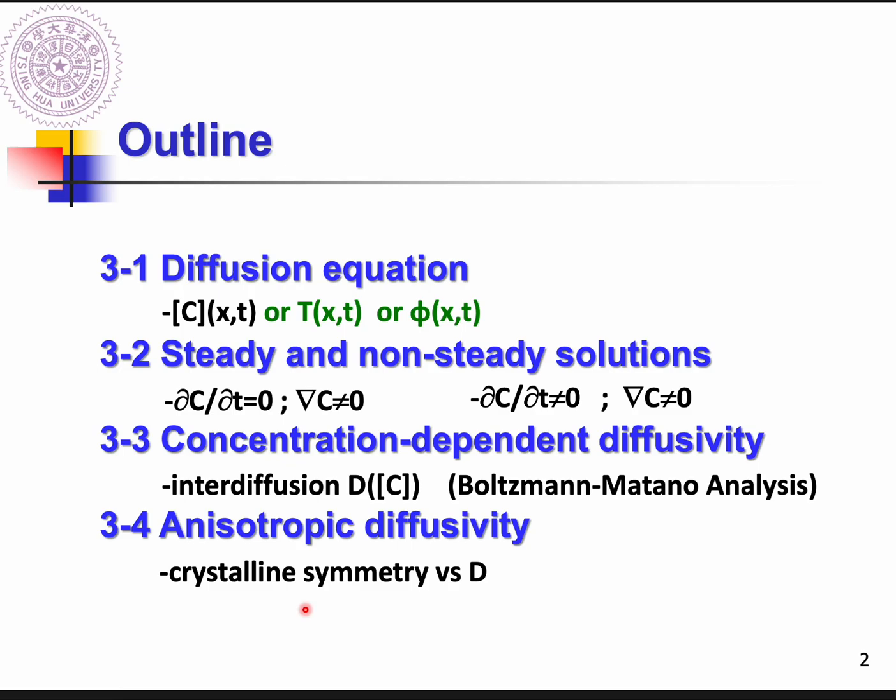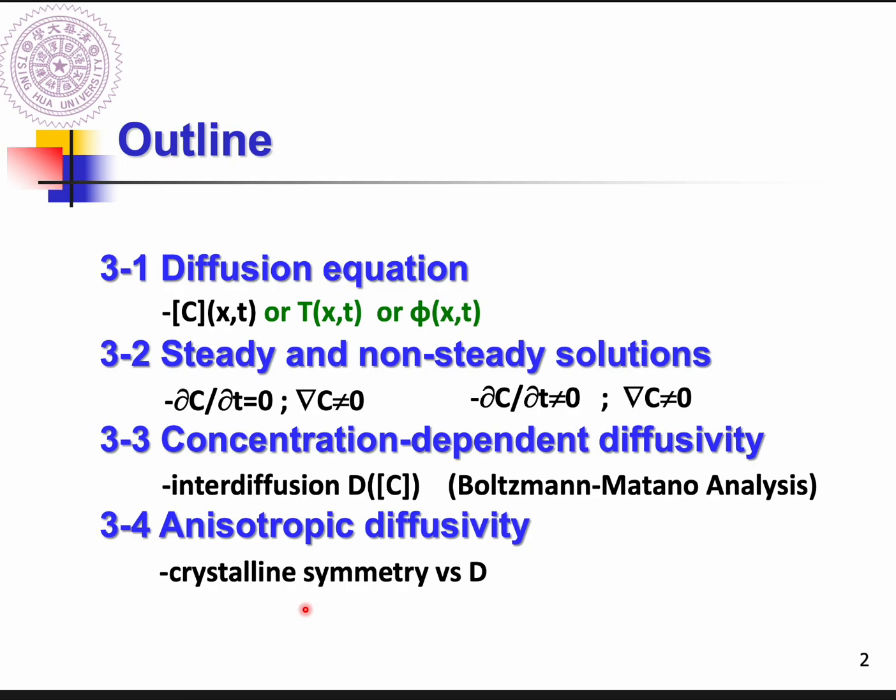And the most famous case would be graphite, right? As you know, the diffusivity in graphite is different depending on direction. The diffusivity of carbon along one layer is very fast, right?